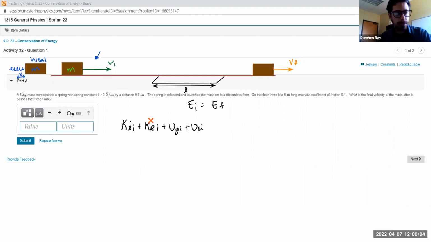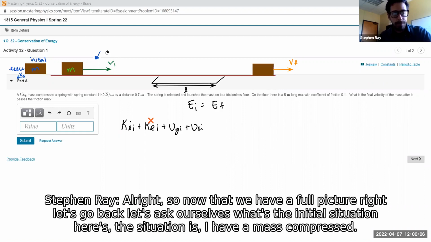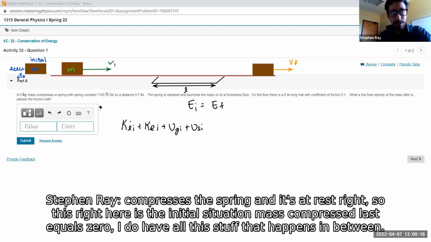All right, so now that we have a full picture, let's go back and ask ourselves, what's the initial situation? The initial situation is I have a mass that compresses a spring, and it's at rest. So this right here is the initial situation. Mass compressed, velocity equals 0.